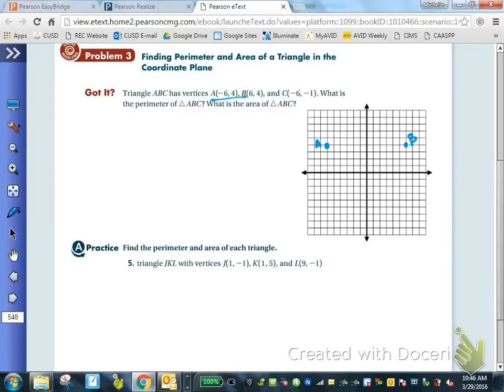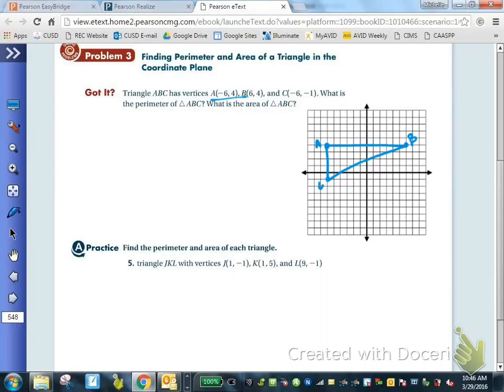And C is at -6, -1. So here's my triangle. What is the perimeter and area of ABC?